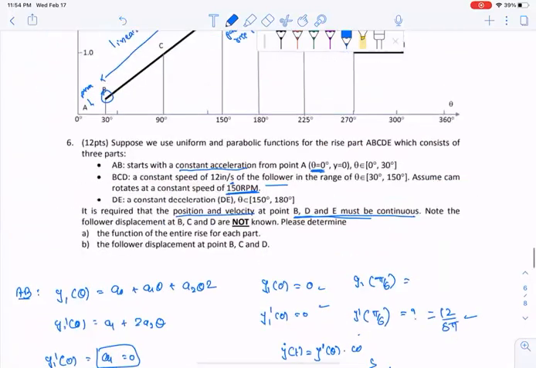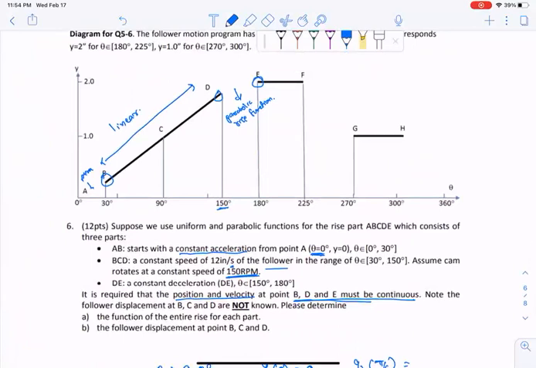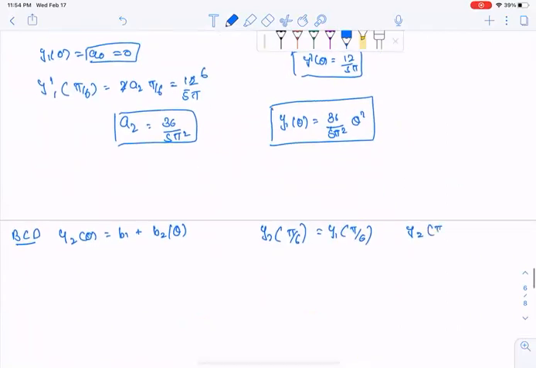This point is 5 pi by 6, where the linear rise function will meet the parabolic rise function. So y2 of 5 pi by 6 has to be y3 of 5 pi by 6. That is actually unknown, so we'll leave it right there.